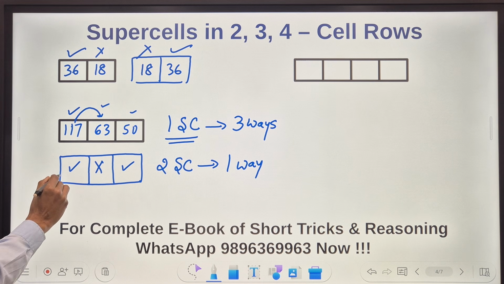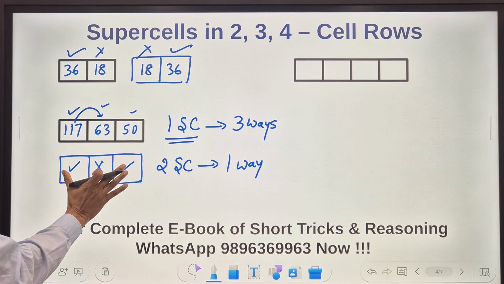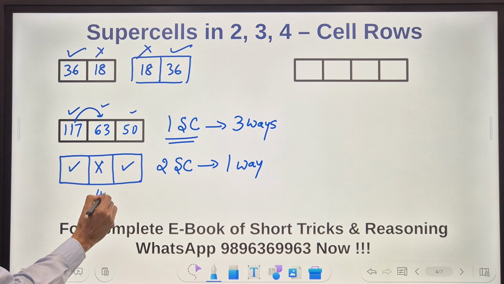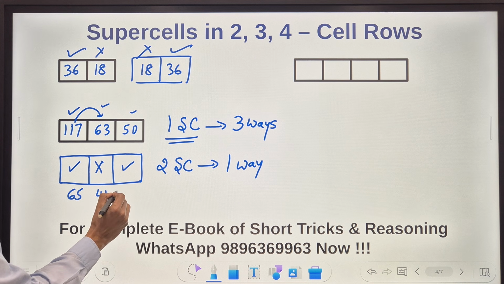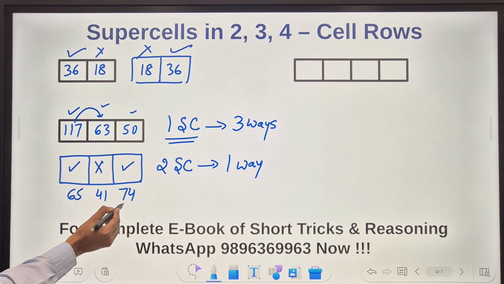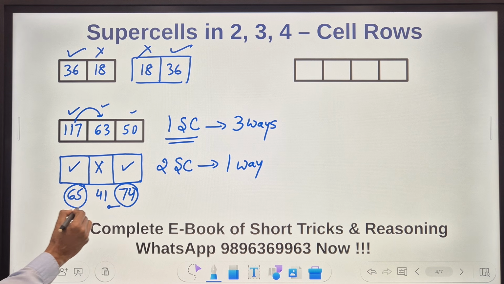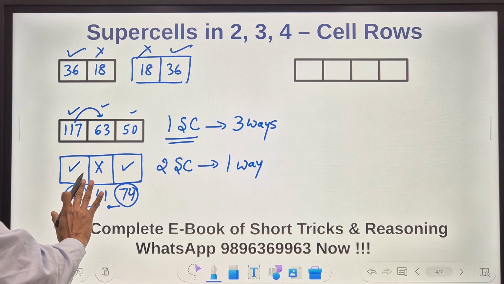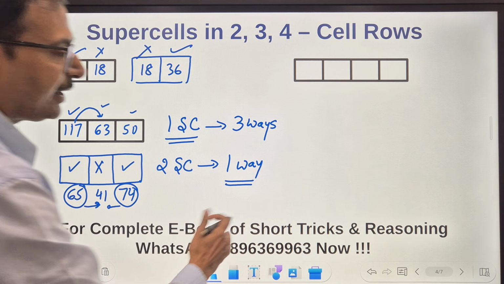That is, the first and the third have to be larger than the middle number. Like you can take 41 here, say 65 here, and 74 here. Now you can see this is a supercell because the neighbor is smaller. This is a supercell because the neighbor is smaller. So 2 supercells can come in only one way.